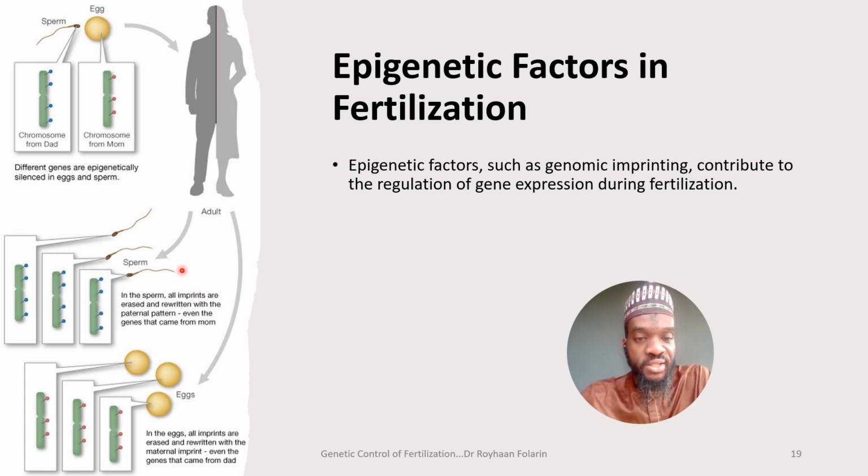So at the end of the day, in the sperm, all imprints will get erased and rewritten with the paternal pattern. All right, that's what is called imprinting. It is following the species-specific pattern.